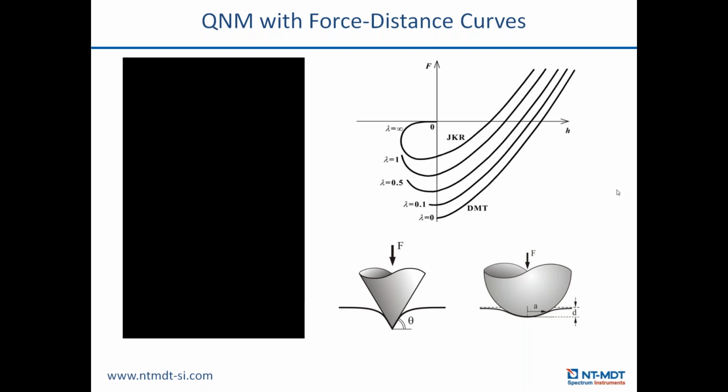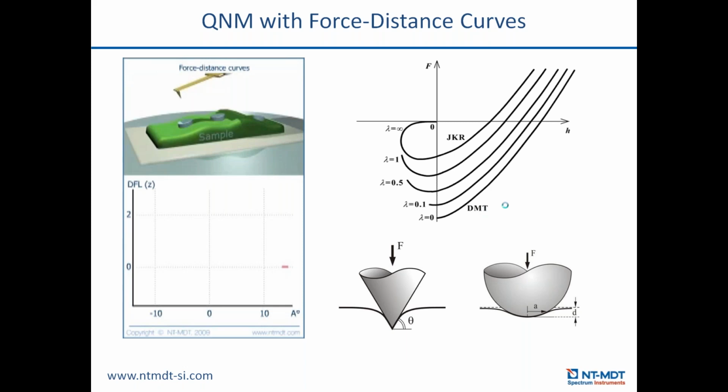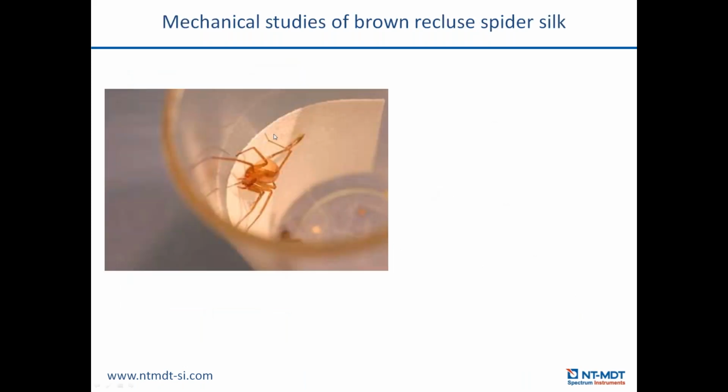And like my following example, the application of atomic force spectroscopy will be shown on spider silk studies. But before going to the experimental section, I will make a small introduction to this work.